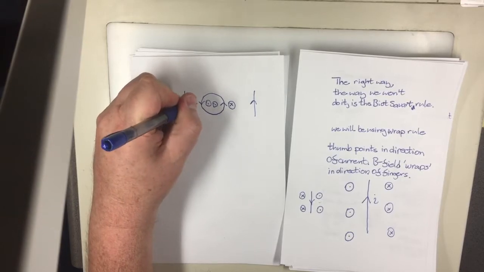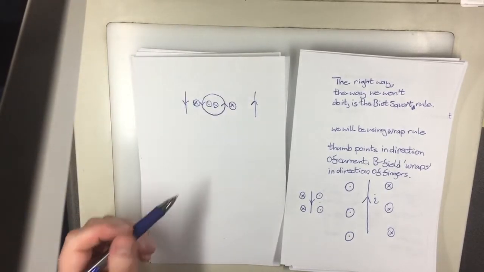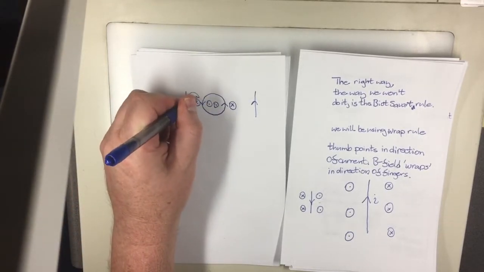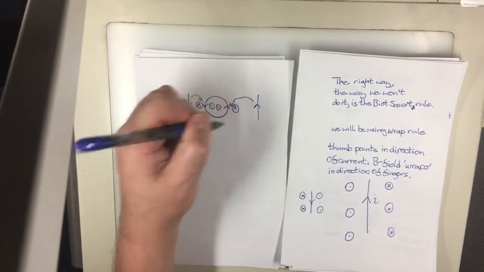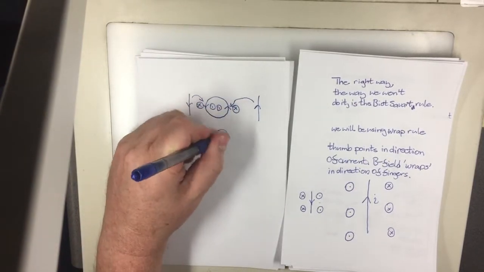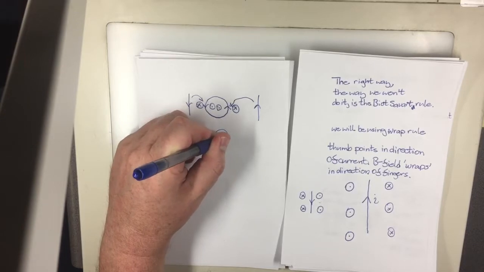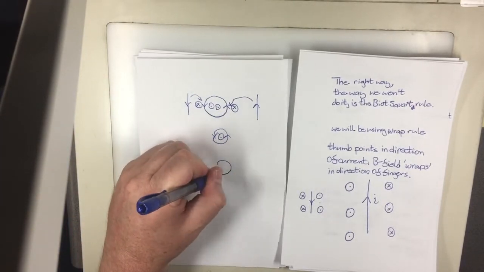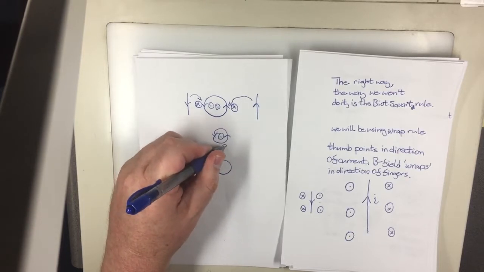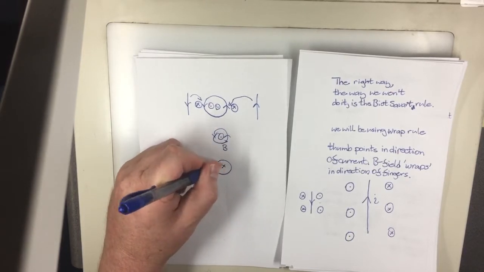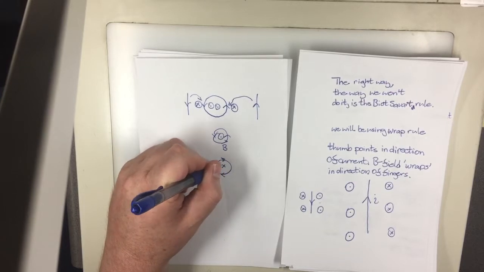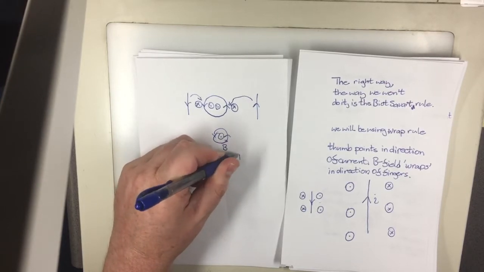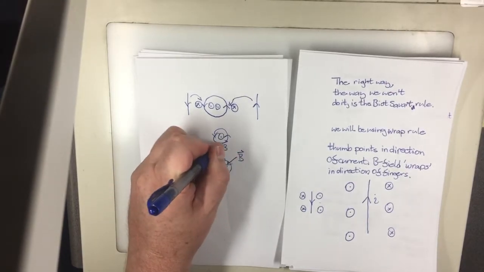And so it is. For a counterclockwise current, the B field is coming out of the page. And if you do a clockwise current, the B field is going into the page.